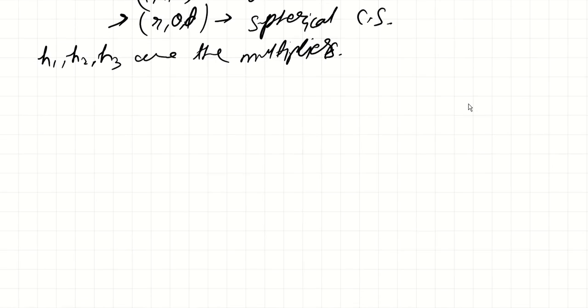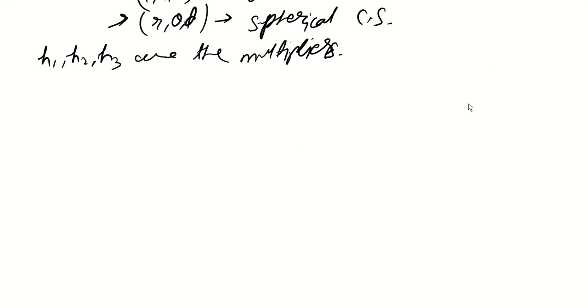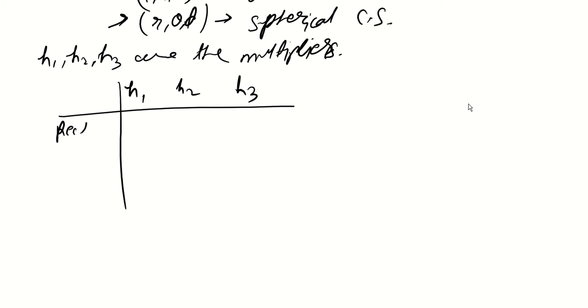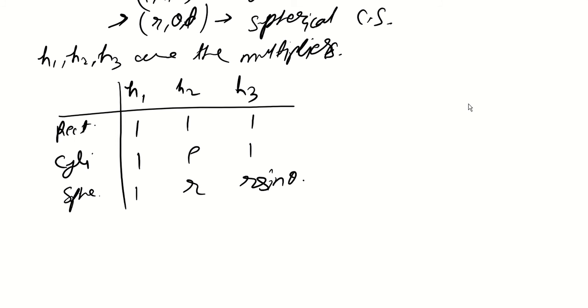So I will represent h1, h2, h3 like this. This is rectangular, this is cylindrical and this is spherical. So in rectangular it becomes 1, 1, 1 in all the three, in cylindrical it becomes 1, rho and 1, and in spherical it becomes 1, r, r sin theta. Okay, so that's it.